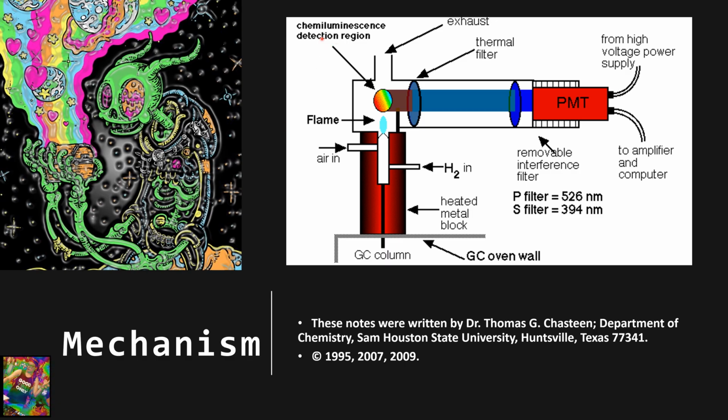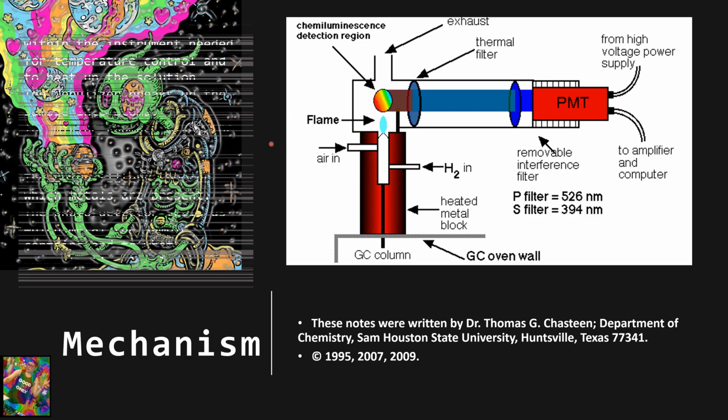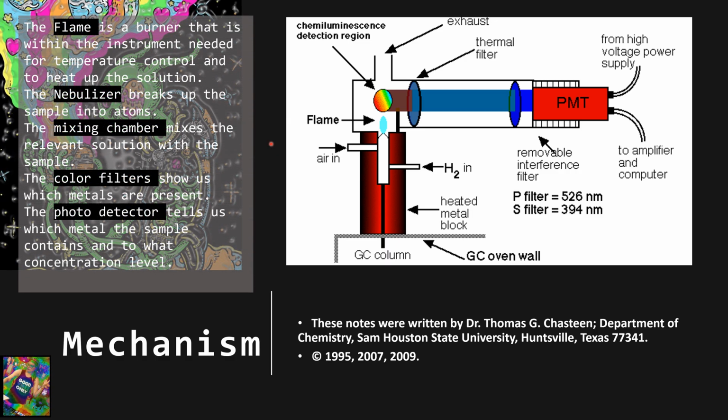Now, proceeding, there are the basic parts. I hope you will remember this. The flame is a burner within the instrument, needed for temperature control and to heat up the solution. The nebulizer breaks up the sample into atoms.